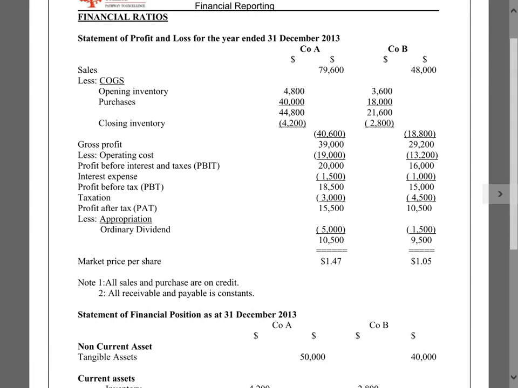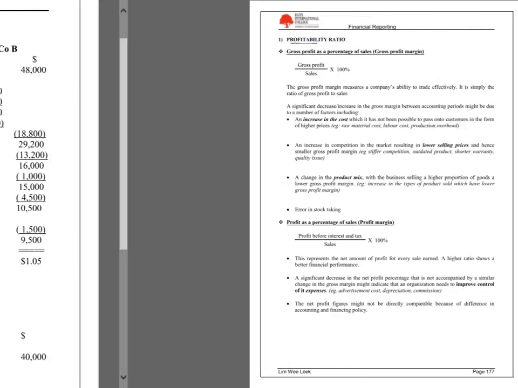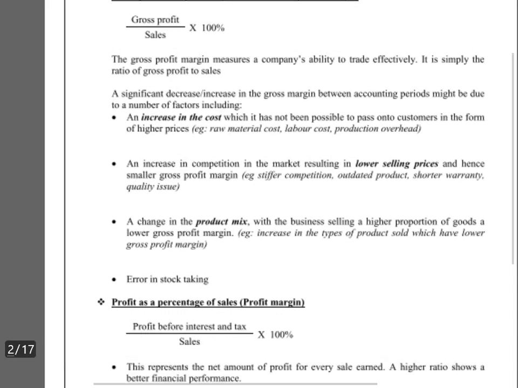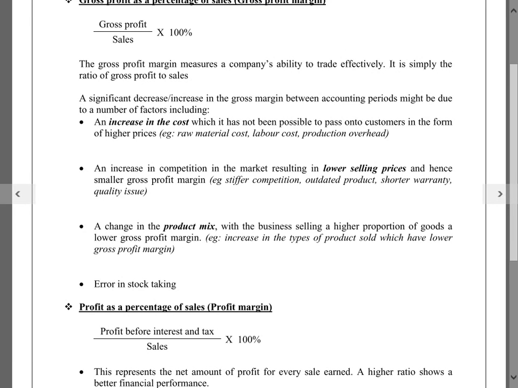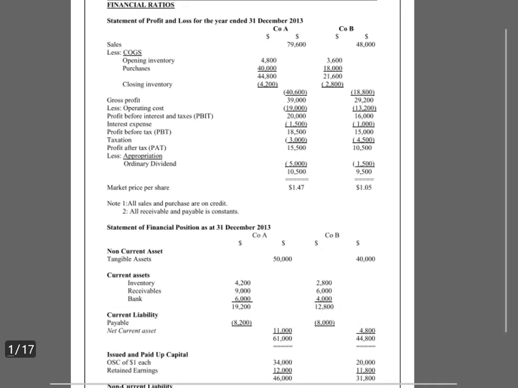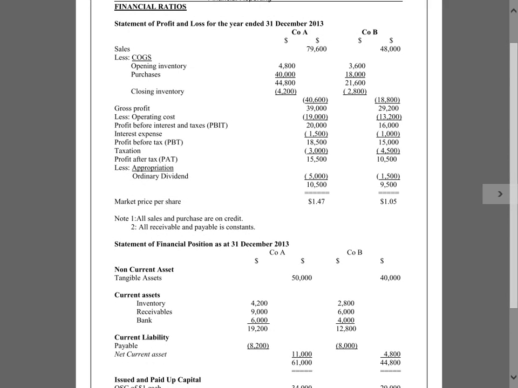Company A and B. Company A GP margin is gross profit over sales. So we do it here, company A, company B. GP 39 divided by 79.